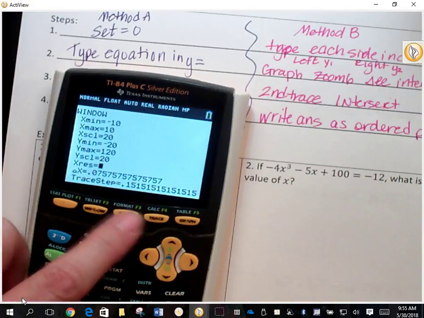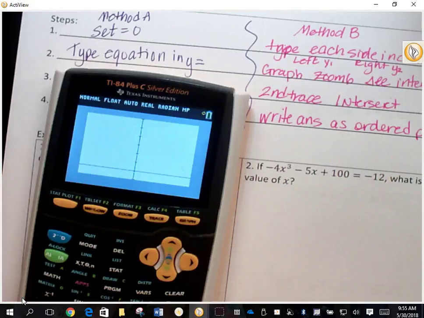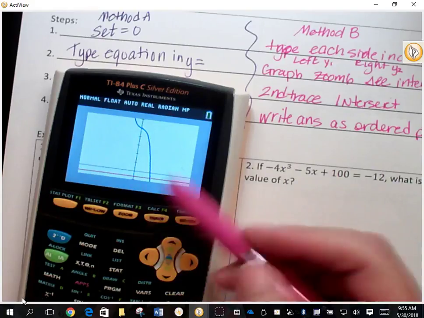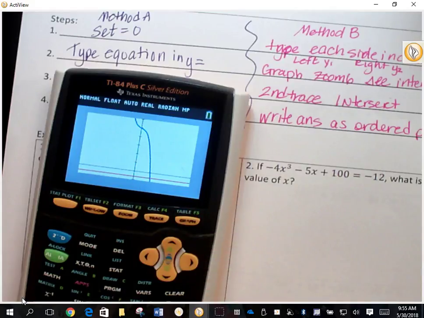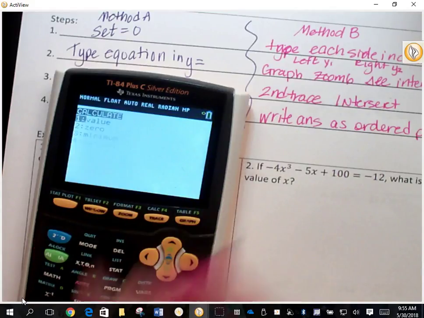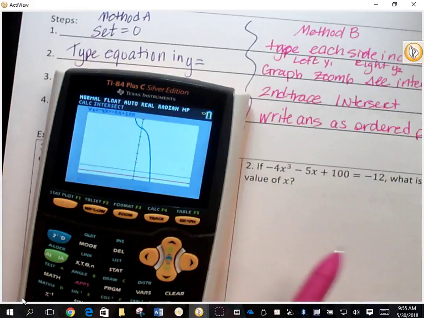So that now when I graph it, there's my graph coming in, and then there's negative 12. And again, I want that intersection. So when I do that, 2nd trace, 5, first curve.